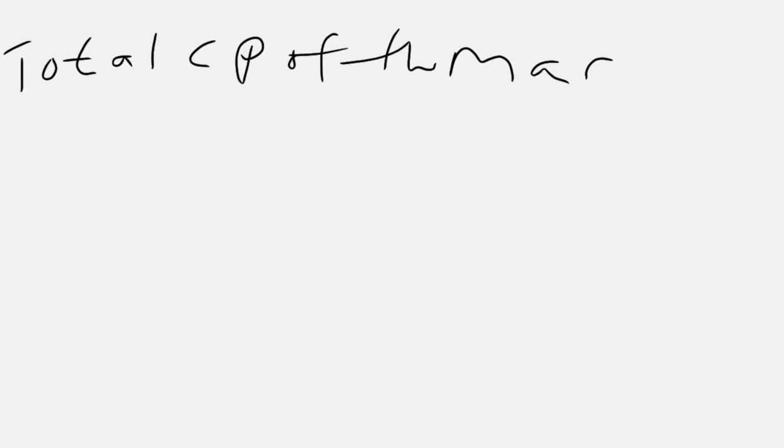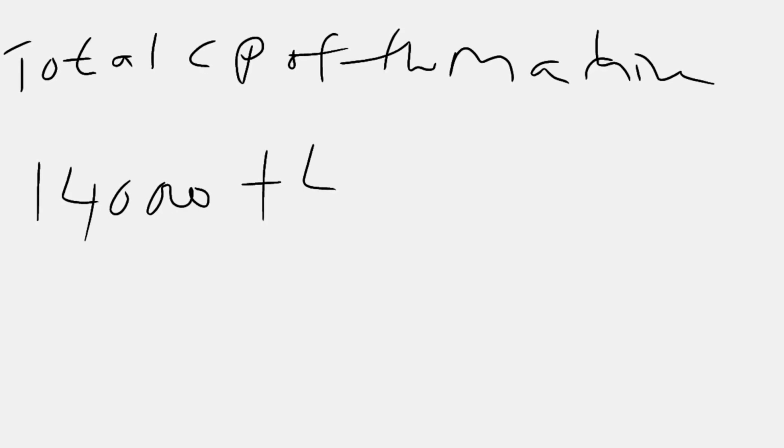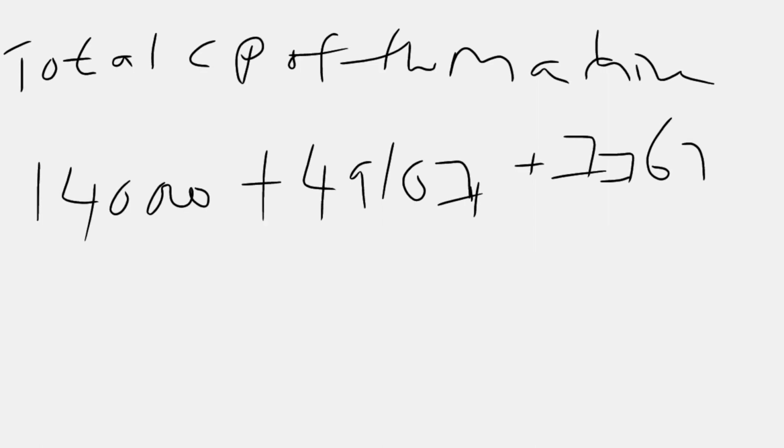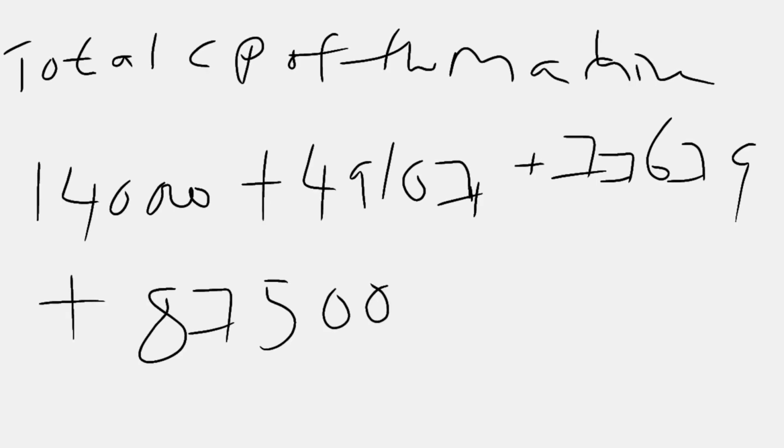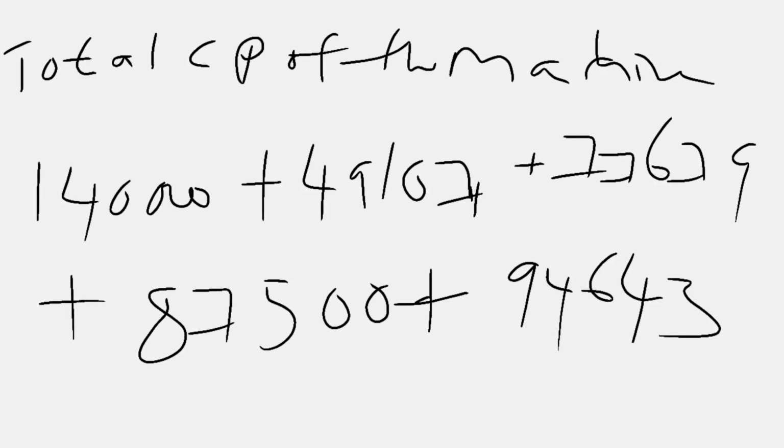I wrote total cash price of the machine. So the down payment we added, 1,40,000 plus 49,107 plus 77,679 plus 87,500 plus 94,643.